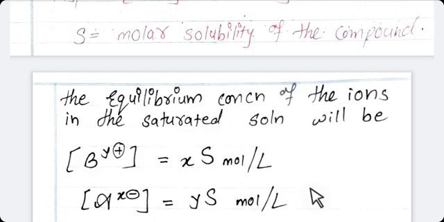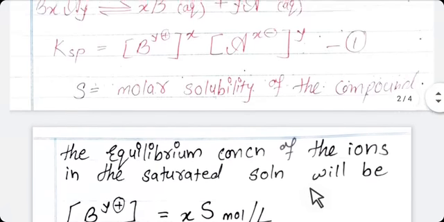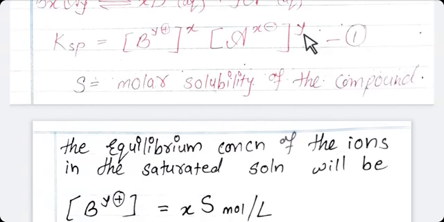These are the two values when S is the molar solubility of the compound. So this is the equilibrium concentration of the ions in the saturated solution. We can put these values in the Ksp, the solubility product formula.